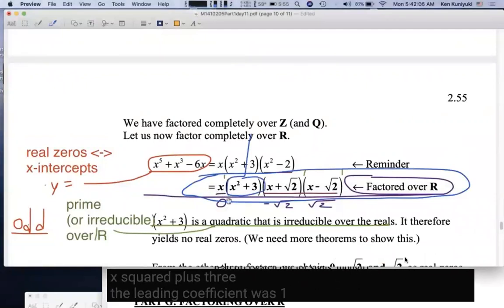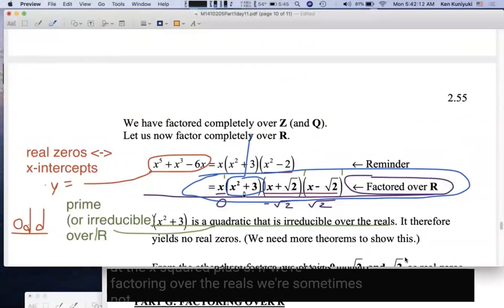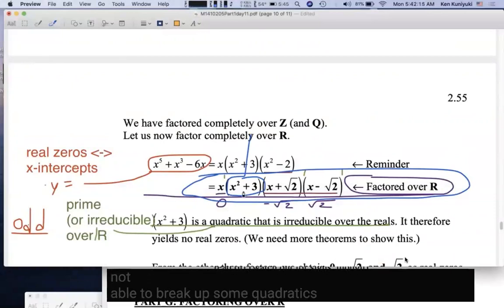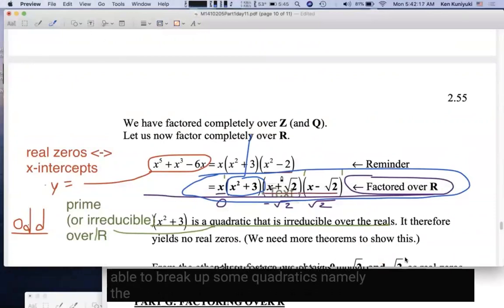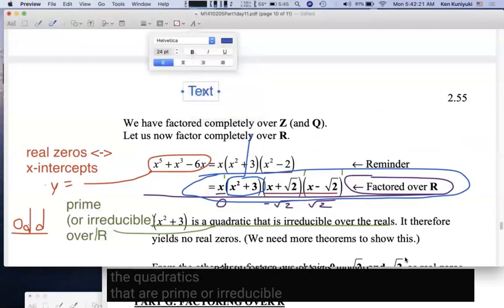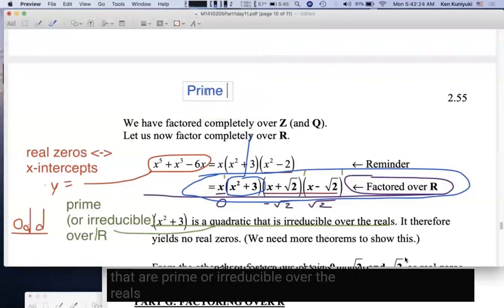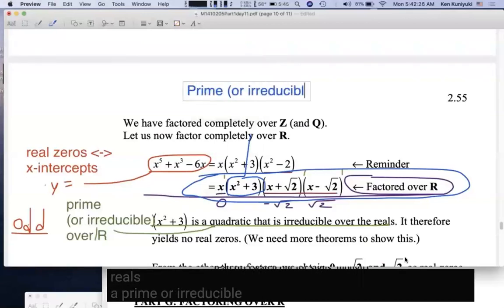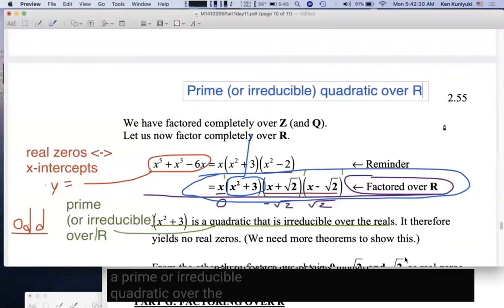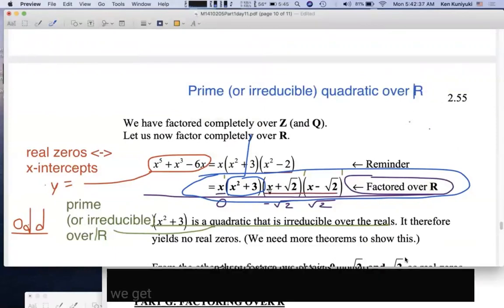The leading coefficient was 1, and these other factors were linear, but we got stuck at the x squared plus 3. If we're factoring over the reals, we're sometimes not able to break up some quadratics, namely the quadratics that are prime or irreducible over the reals. We get stuck there sometimes.